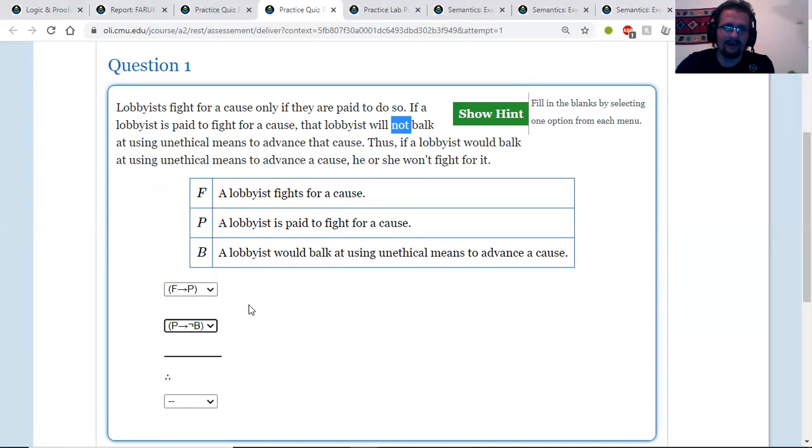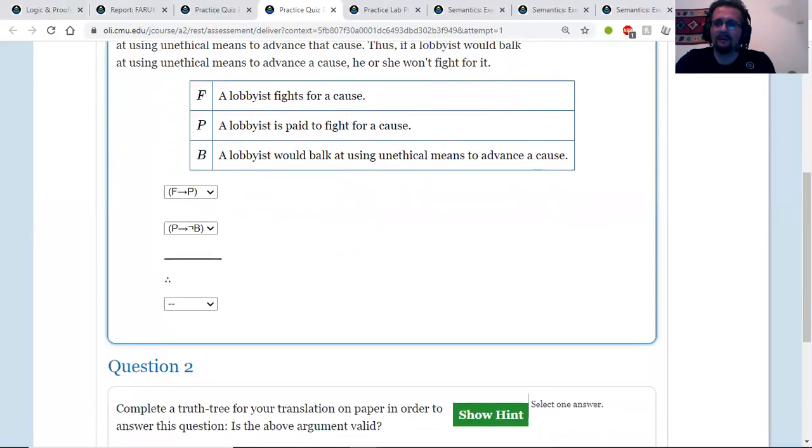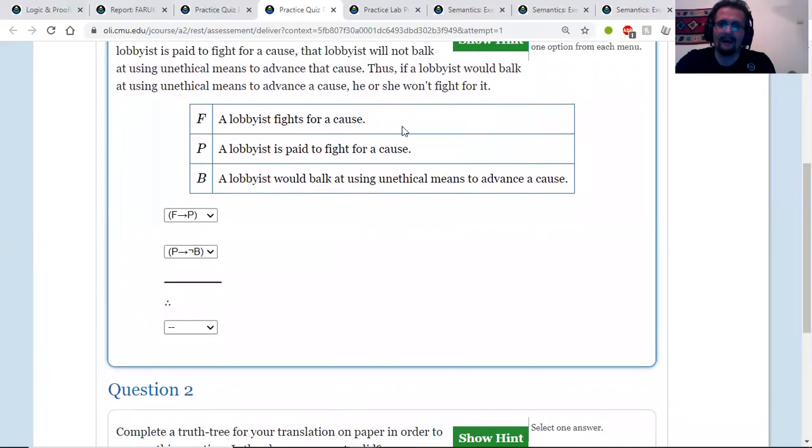P, then not B. That should be it, if I get my letters right. Thus, if a lobbyist would balk at using unethical means, so there we have the word if again. This time it's just an if, not only if. So if B, then not F. B, then not F. All right.